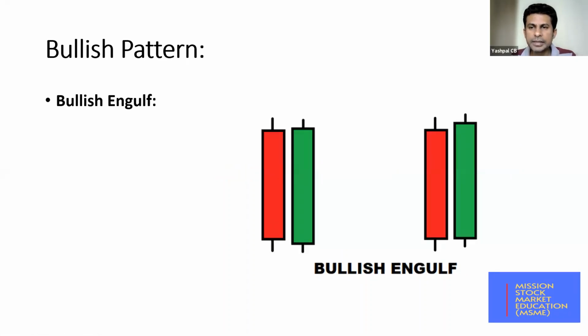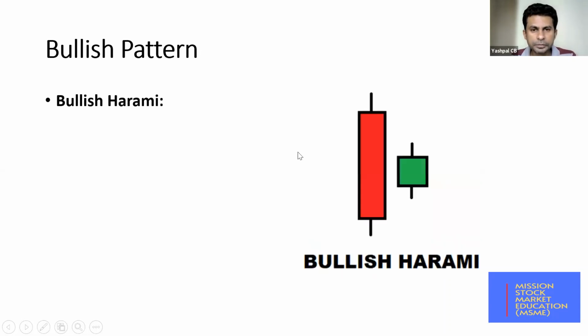The next pattern is bullish engulfing. Here the first day is a strong bearish candle, followed by a second day candle that will open almost equal or a little bit low, but it has to close above the body of the previous day red candle. Then only it is called bullish engulfing, right?